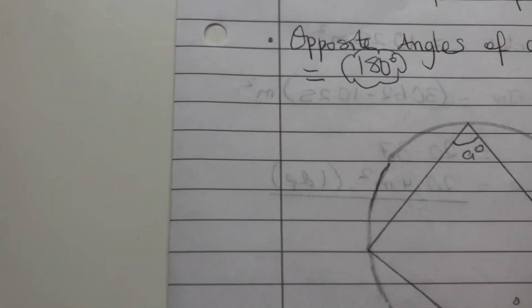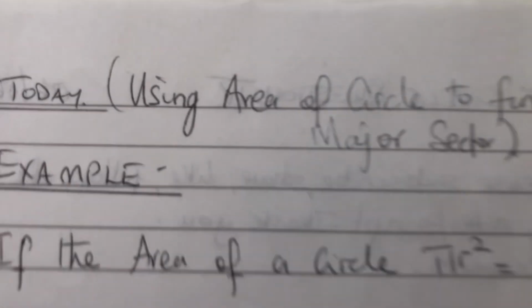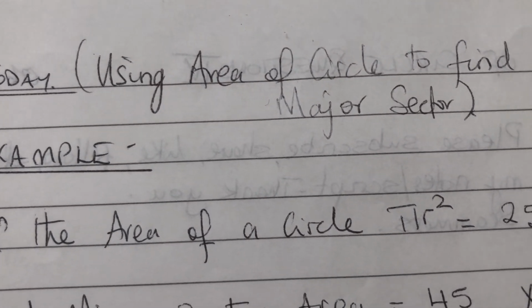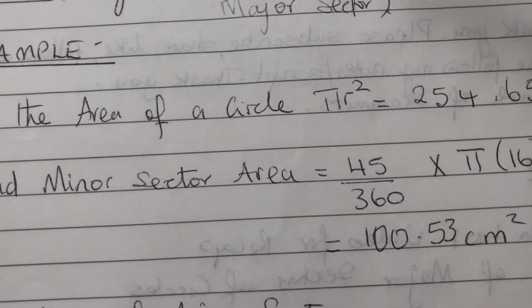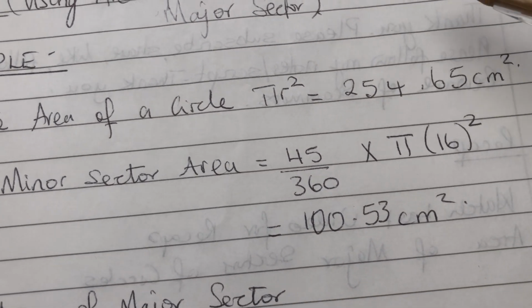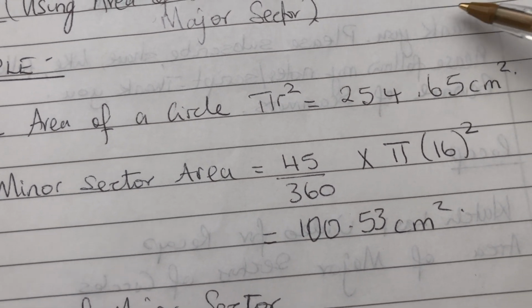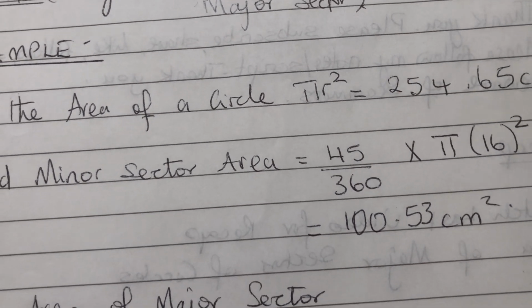Now, today, we are still looking at area of the sector questions. So we are using the area of the circle to find the area of the minor or major sector.